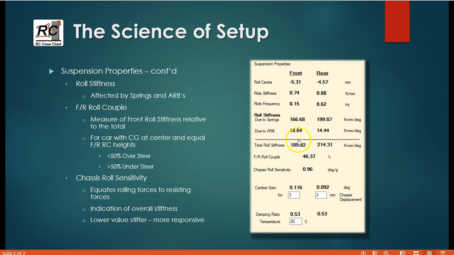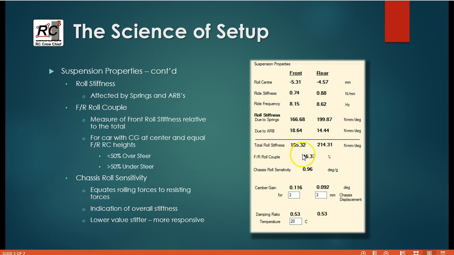The sum of those two numbers gives you the total roll stiffness of the car. The things that affect these values are the springs themselves, obviously, the angle that you have the shock at, whether laid down or stood up, and the anti-roll bar, as to whether it is a stiff anti-roll bar or a soft anti-roll bar is going to make a difference in the value here.